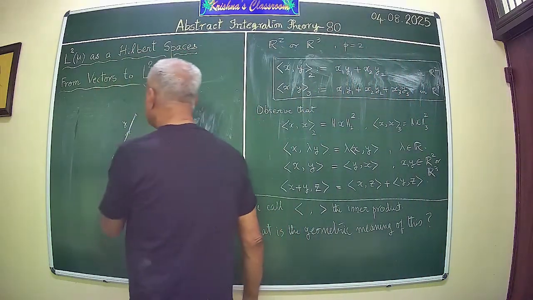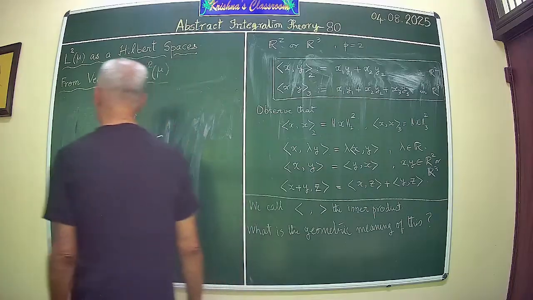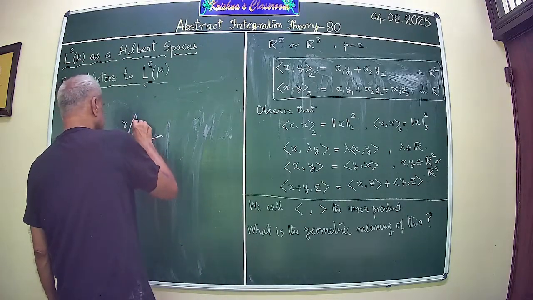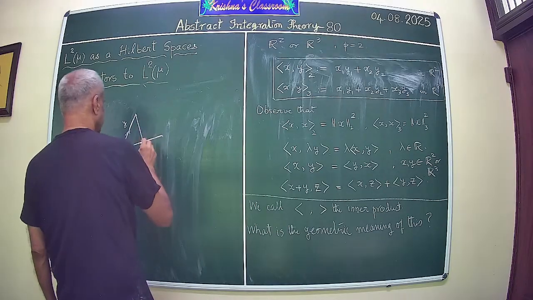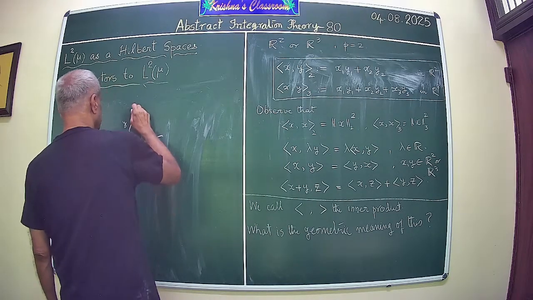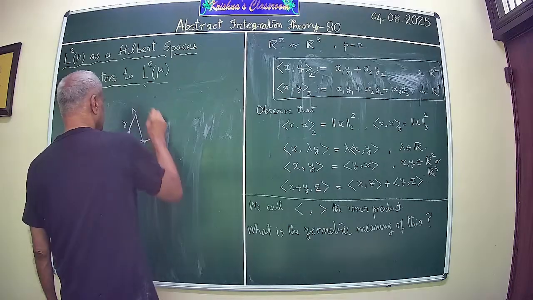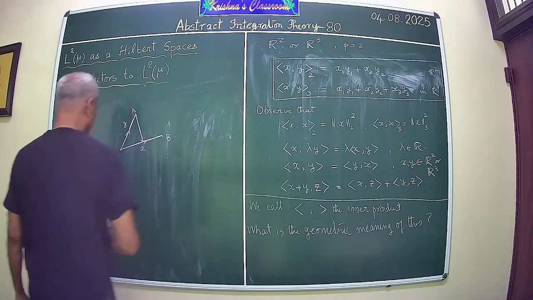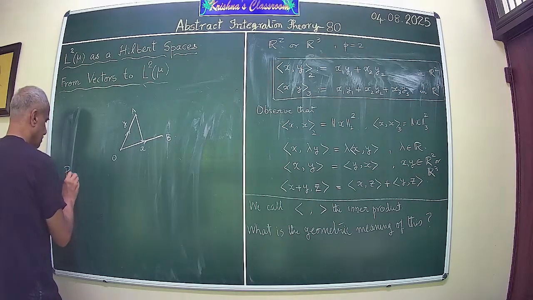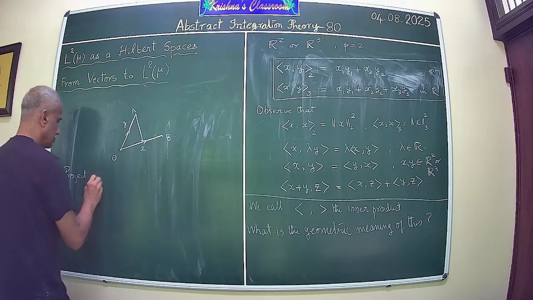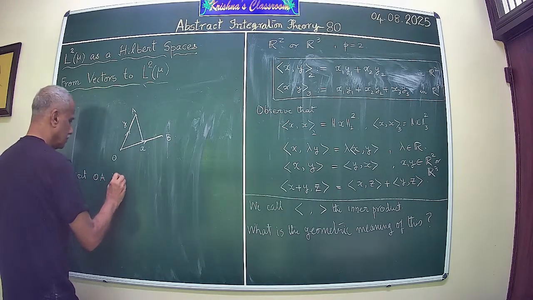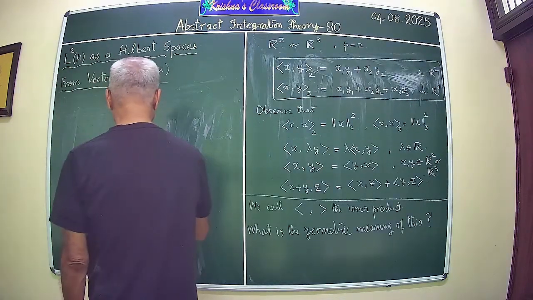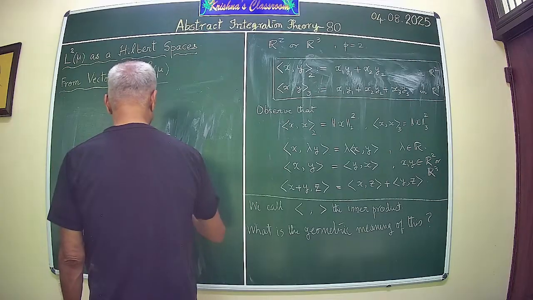So we will compute the angle between x and y. How do we do that? Project this. So have OA, OB, and then project OA, that is y, onto OB.